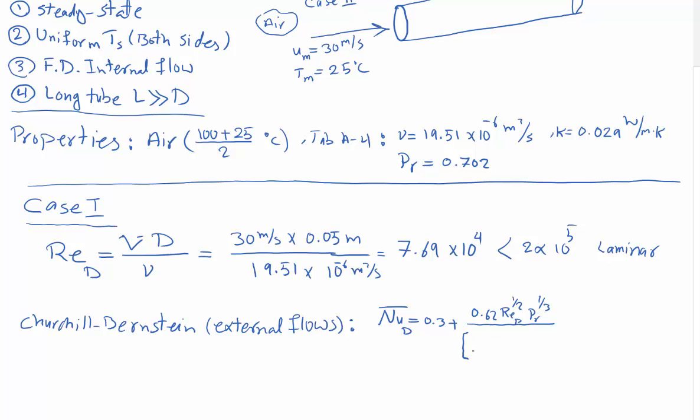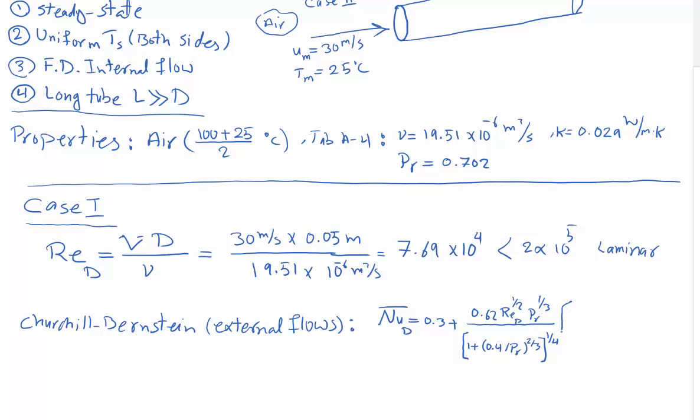The denominator here is 1 plus 0.4 divided by Prandtl number, raised to 2/3, and the whole denominator is raised to the power of 1/4.